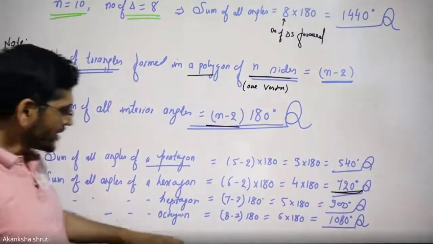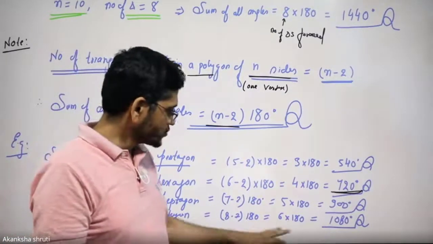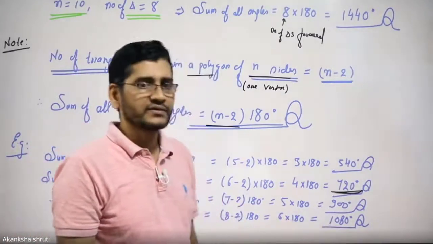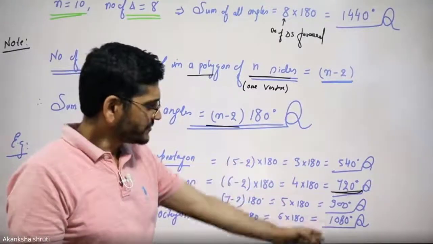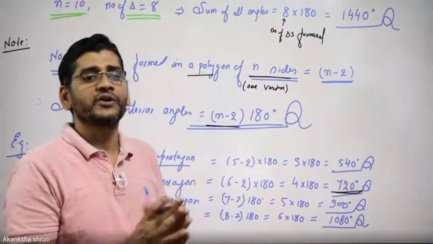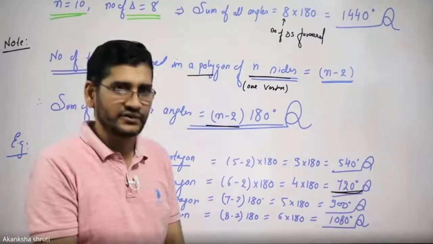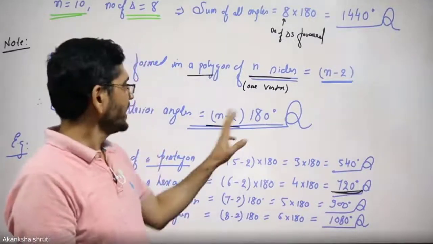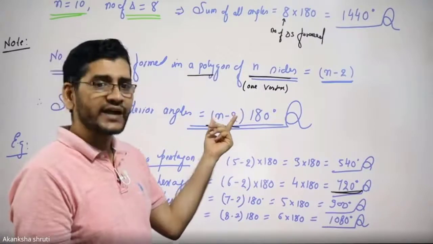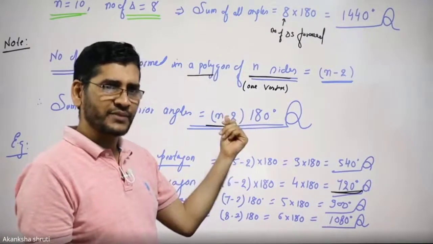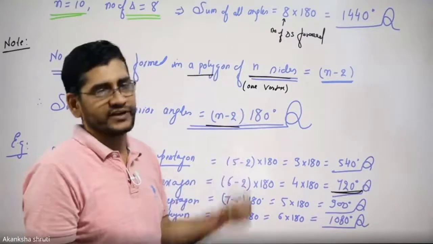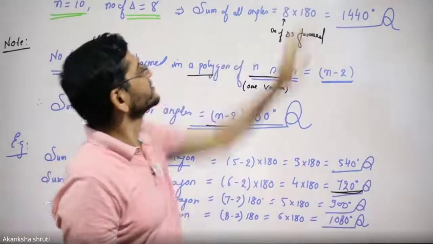For an octagon, it will be 6 into 180, 1080. So this way, the sum of internal angles of any polygon can be determined very easily. No need to mug up. Just keep in mind n minus 2, n is the number of sides in that polygon. Subtract 2 from the number of sides, multiply this with 180.